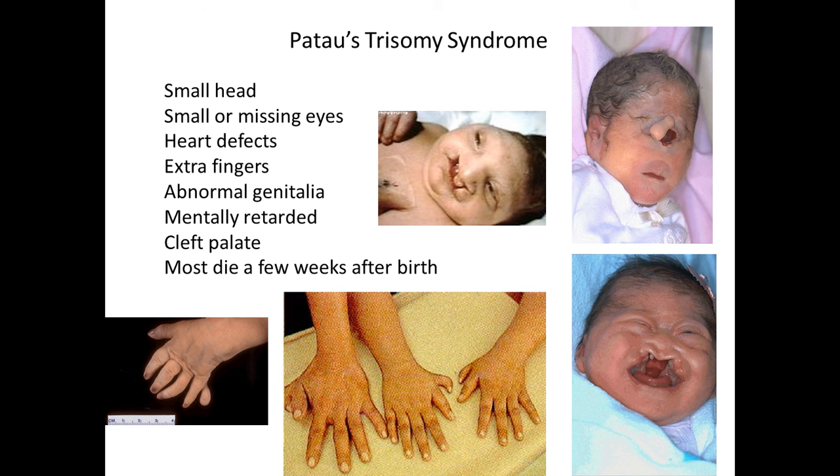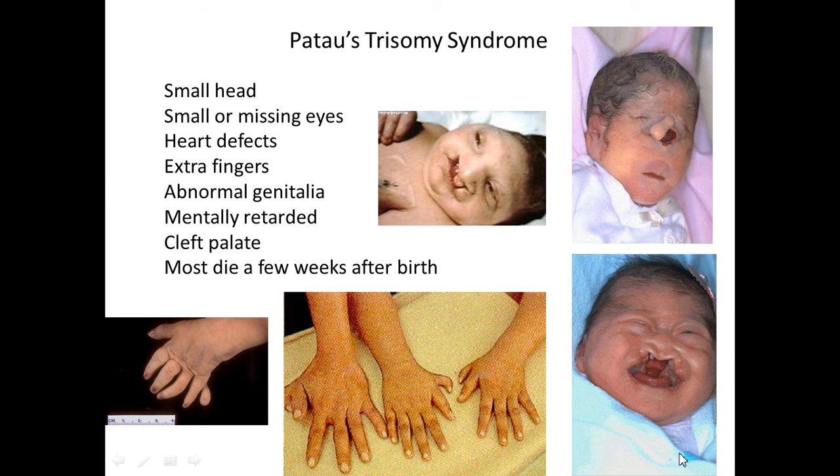So the cleft palate is where the roof of your mouth doesn't close fully, and so if you look at this guy here, you can see there's like a hole between his nasal passage and his mouth. So these things, they don't fully develop properly, and that's what we call that cleft palate.